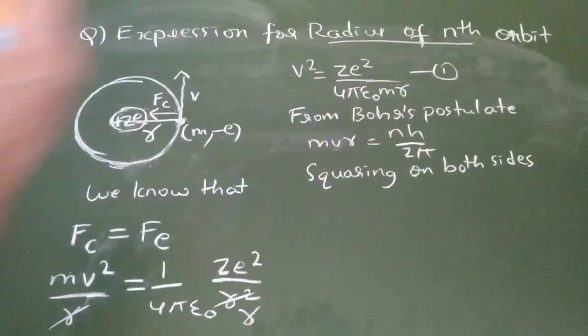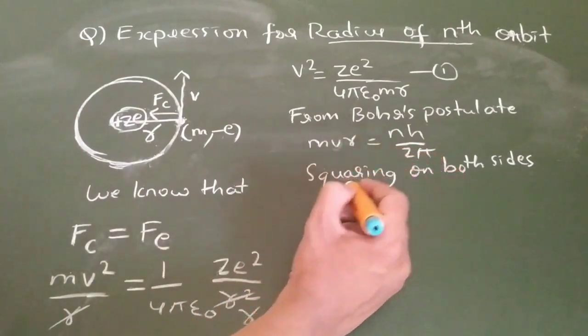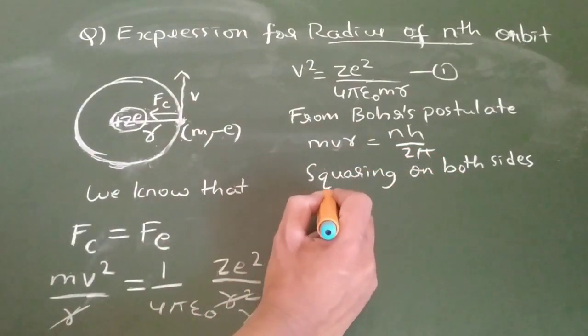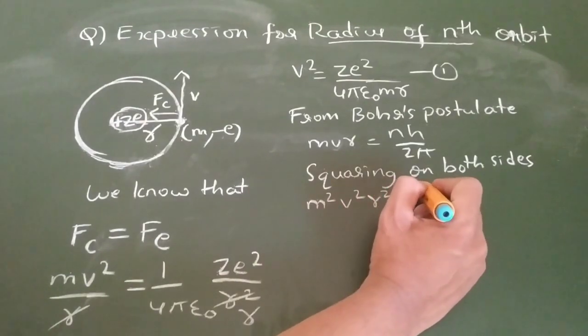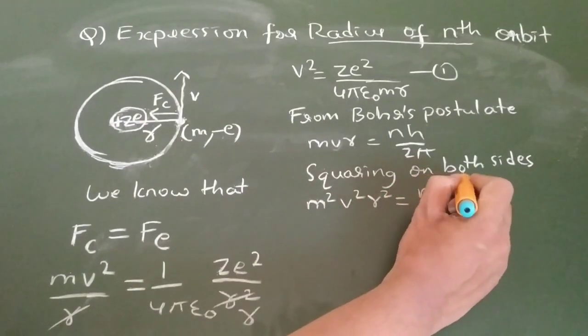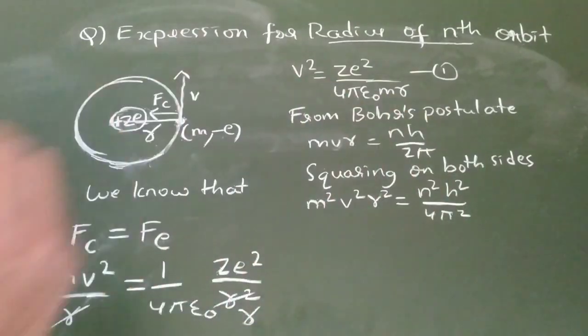Let me see what I am going to get. Squaring on both sides, what I am going to get? I am going to get m square v square r square is equal to n square h square divided by 4 pi square. Are you getting that?